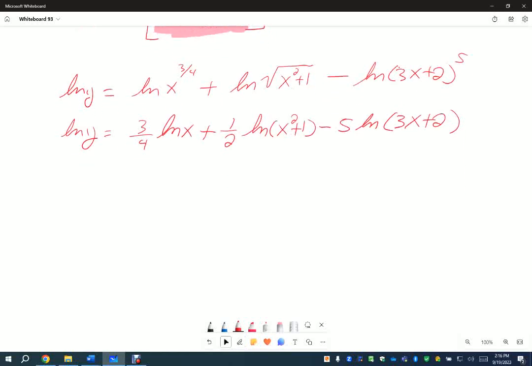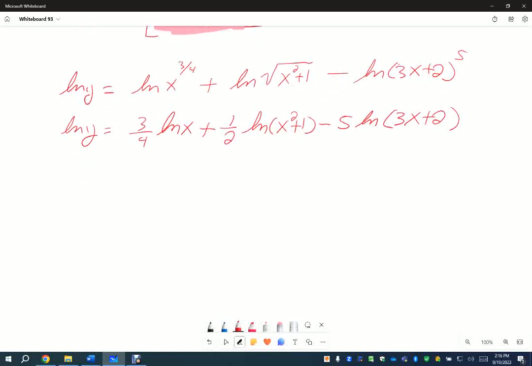Okay, now I'm going to take the derivative of each one of these pieces using implicit differentiation and a combination of u substitution or chain rule. So first one, that's the chain rule. The derivative of ln of y is 1 over y times y prime.